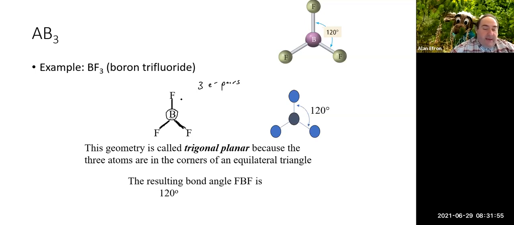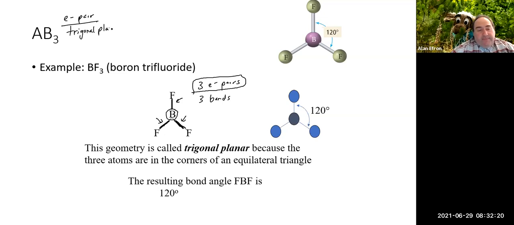And we also have 1 bond, 2 bonds, and 3 bonds. Again, the electron pairs around the central atom determine our electron pair geometry. And our electron pair geometry with 3 electron pairs is known as trigonal planar. Some people will call it triangular.